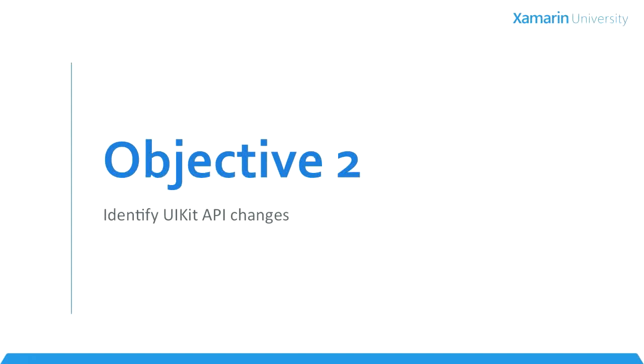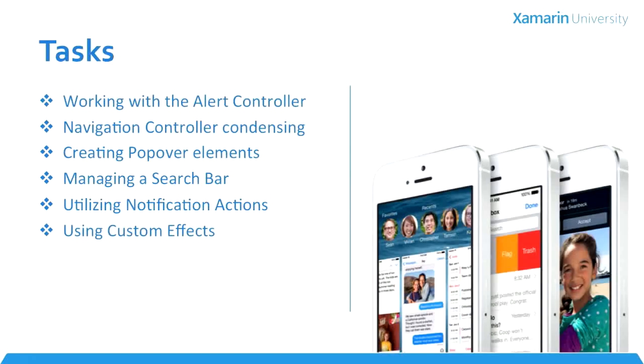UIKit is the framework that we use to create and display user interface elements in iOS. So every API that starts with UI is part of UIKit. So obviously it's a big and important framework to us as developers. And with that, we have a number of tasks we want to cover today.